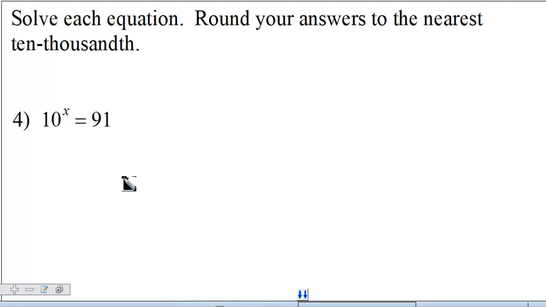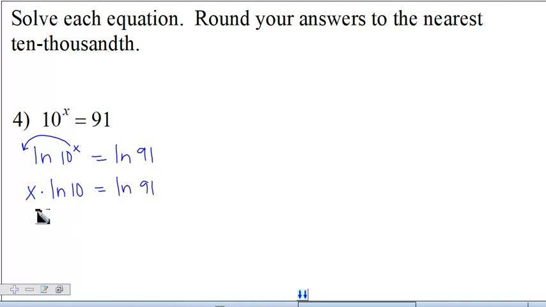So what do we do? We're going to take the log of both sides. By doing this, it allows me to use one of the properties I learned before. If I have an exponent, I can bring it to the front as a coefficient. Once I do that, I can easily solve for x by dividing both sides by the log of 10.